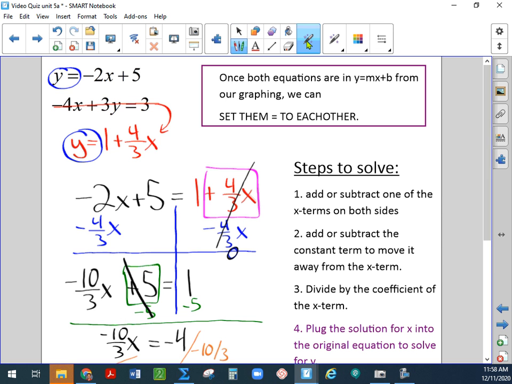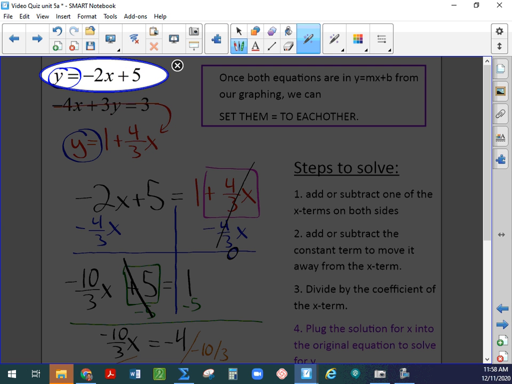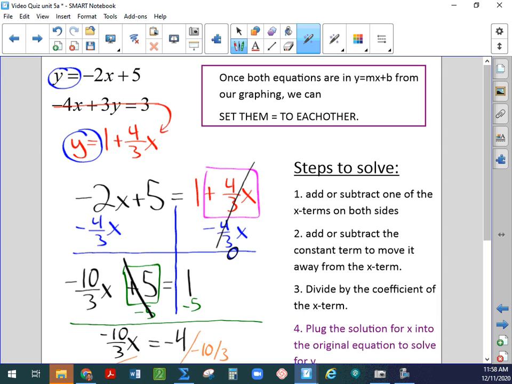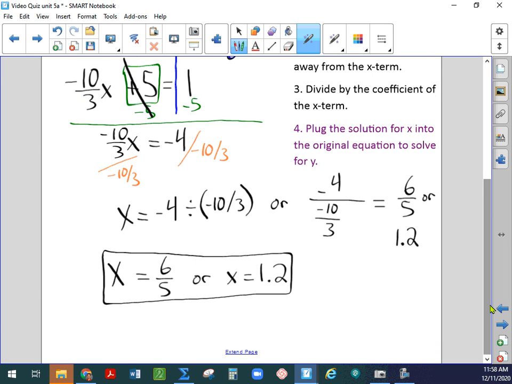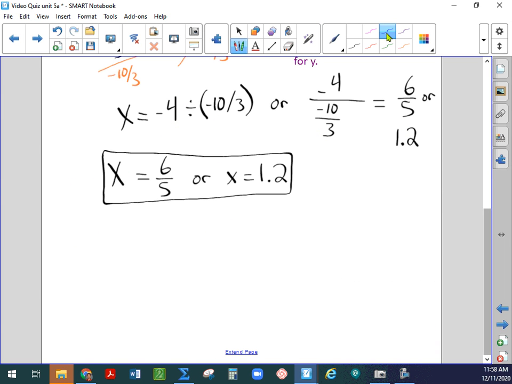So I'm gonna take the very top equation, y equals -2x plus 5. But instead of writing x, I'm going to write the decimal or the fraction. And again, the decimal is okay here.